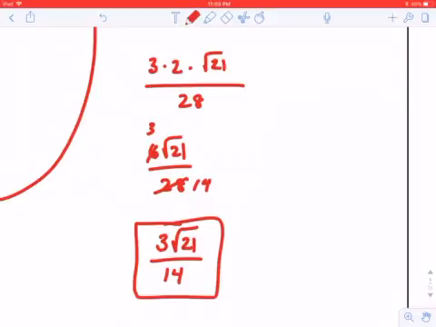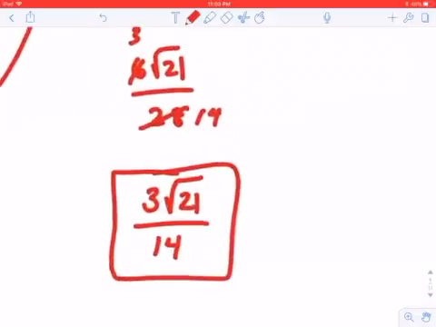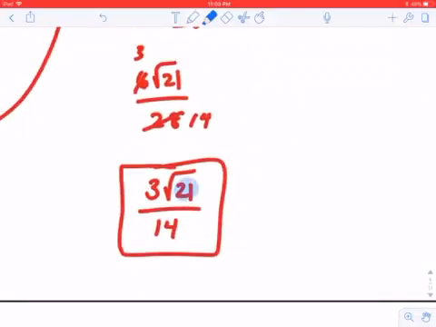By the way, don't get overzealous when you're doing division. Say, I'll just divide everything, and you start dividing 21 and 14, for example. You can only divide the terms that are inside the radical by the other terms that are inside radicals. And you can only divide your terms on the outside of the radical by other terms that are not in a radical. So I can only divide 3 and 14.